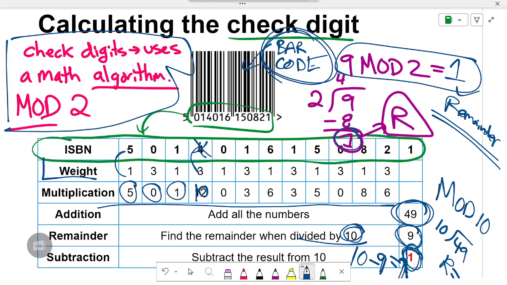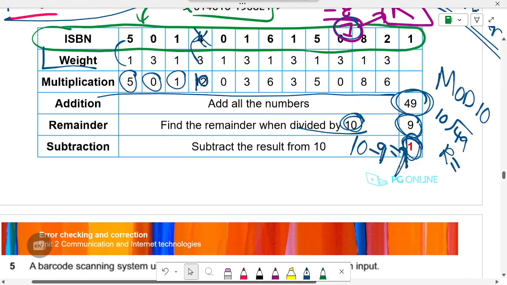Not the 4, it's the R. Okay? It's the remainder. Any question? You just got that? Checked it down? All right.